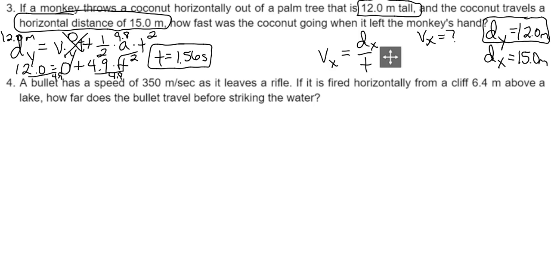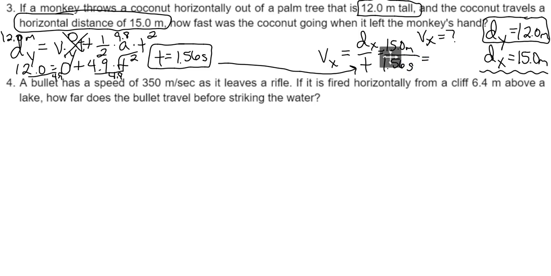Now I can take that and plug that in to my equation here. So the velocity is equal to distance in the x direction. The distance in the x direction was 15.0 meters divided by 1.56 seconds.